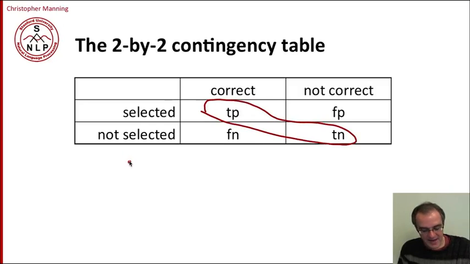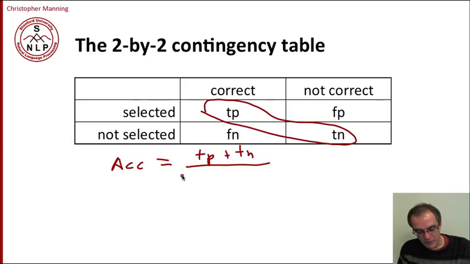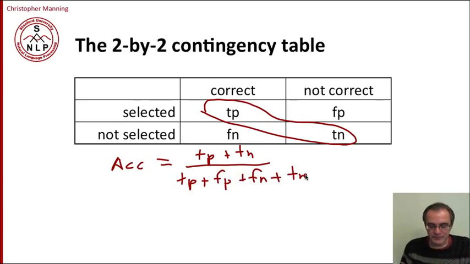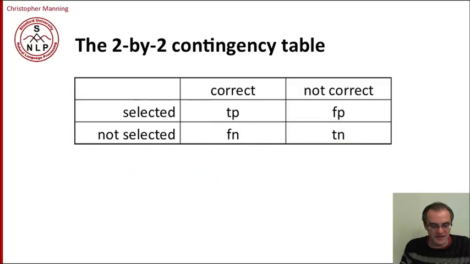So accuracy equals the true positives plus the true negatives over all four classes: the true positives plus the false positives plus the false negatives plus the true negatives. In many applications, accuracy is a useful measure for systems, but there's a particular scenario in which it's not a useful measure. And that scenario is when you're dealing with things that are uncommon.